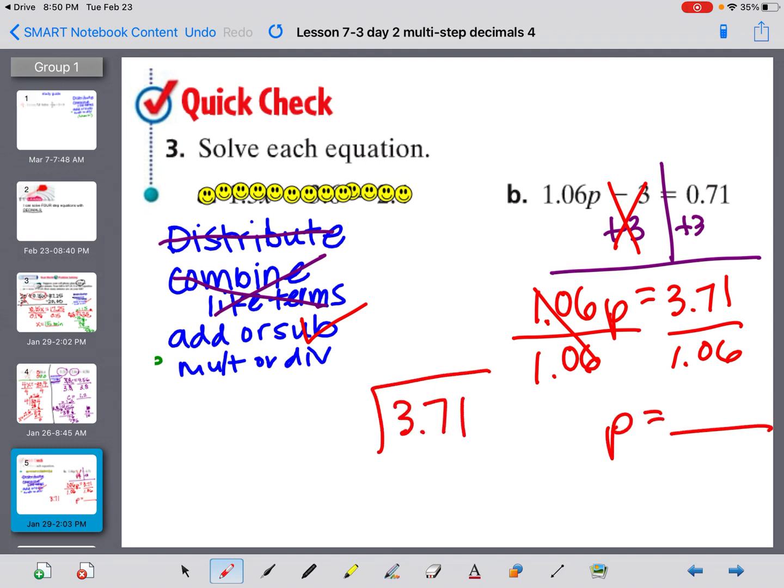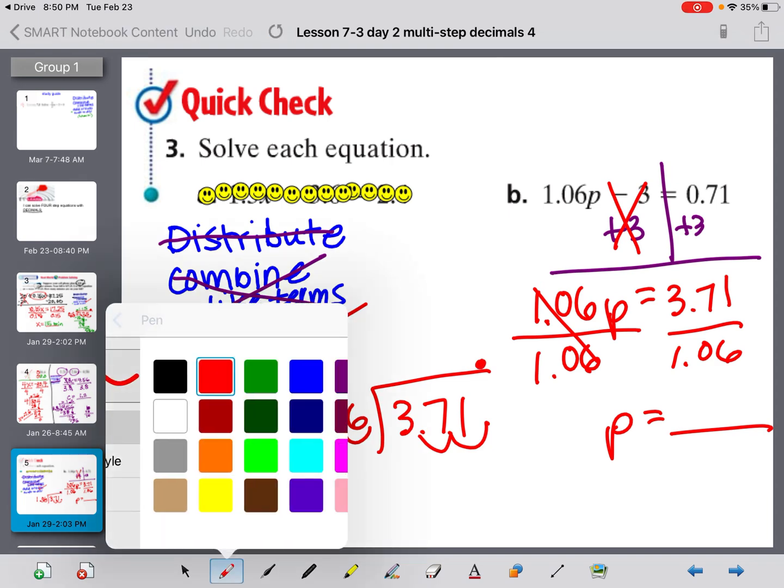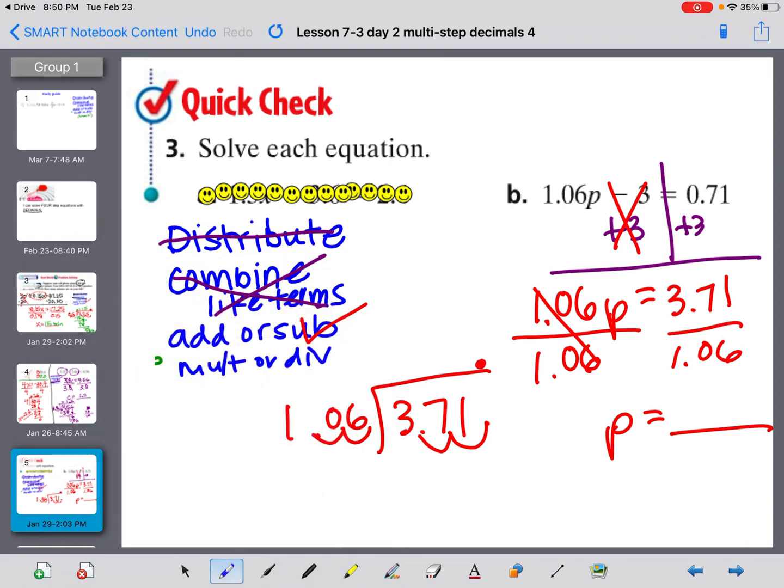Side problems everywhere. No decimals on the outside. 106 does not fit into 3 or 37. It fits into 371 3 times.